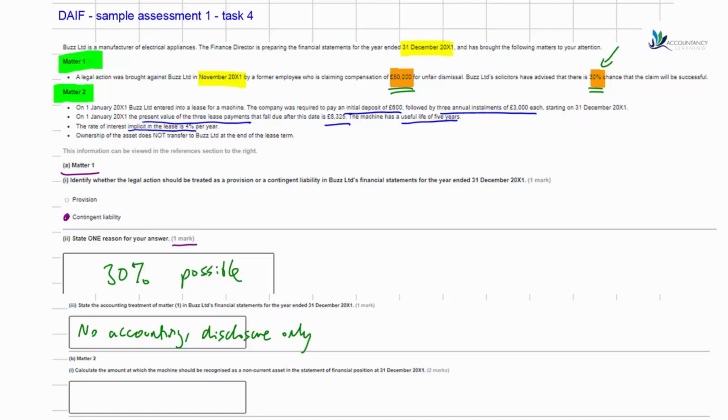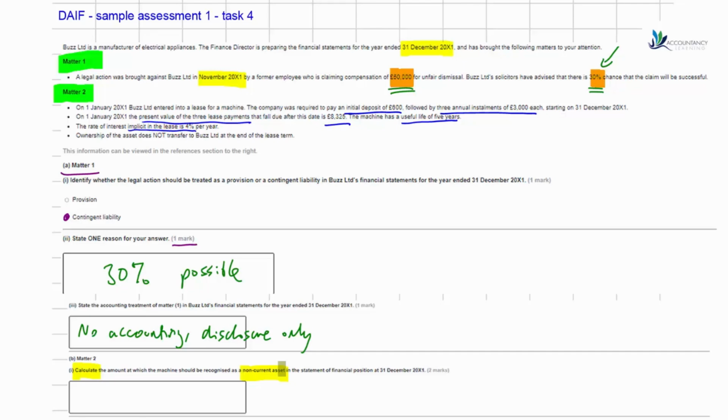So notice we have lots of numbers in the text, and all of them are going to help us to answer the question. So let's look at what the question asks us to do. It says, calculate the amount at which the machine should be recognised as a non-current asset in the statement of financial position at the 31st of December 20X1.